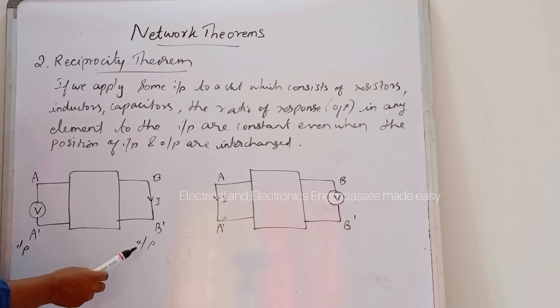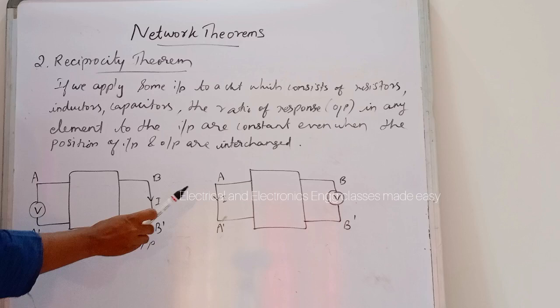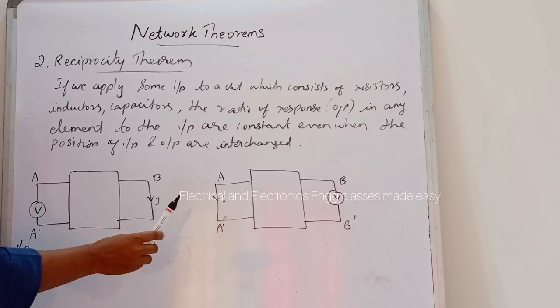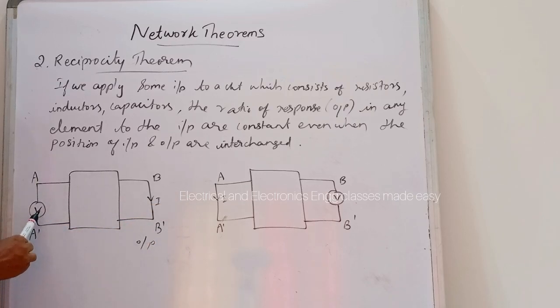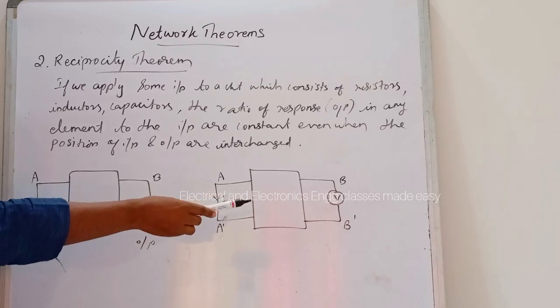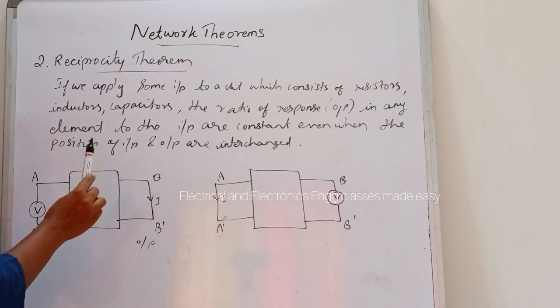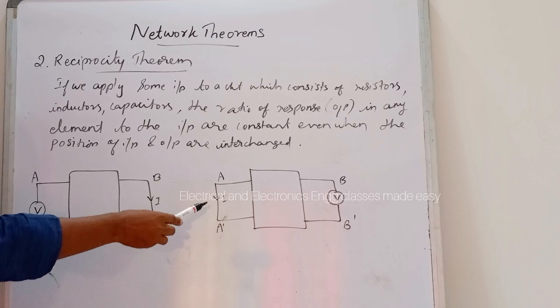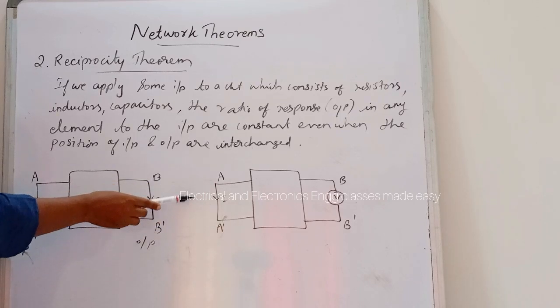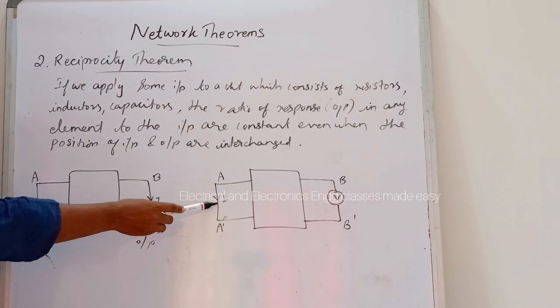Now, if the positions of source and response are interchanged by connecting the voltage source across B B dash, then the resultant current at the terminals A dash will be I.